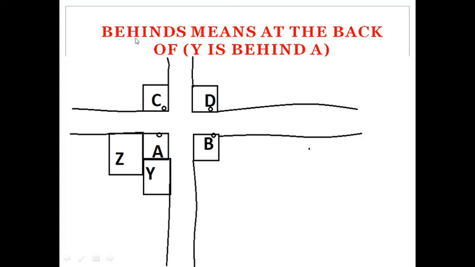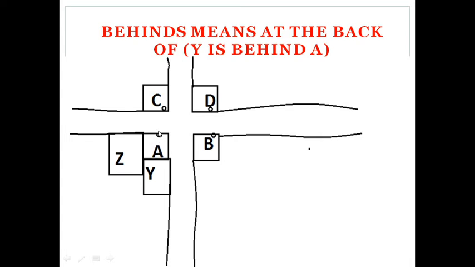When they say behind, it actually means anything at the back of. It's just conventional English. When you say something is behind something, that thing is at the back of the other thing. So behind means at the back of. Y is behind A. This is A. Where is the front of A?